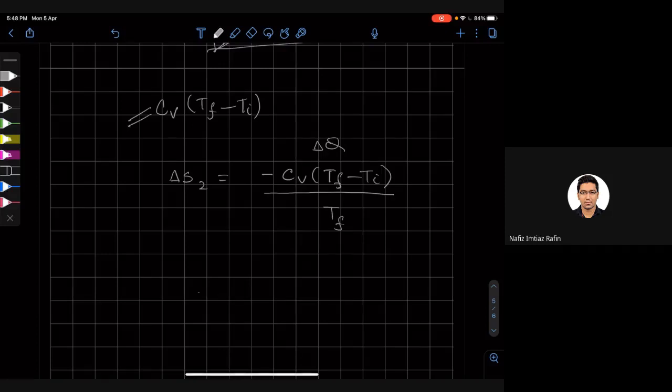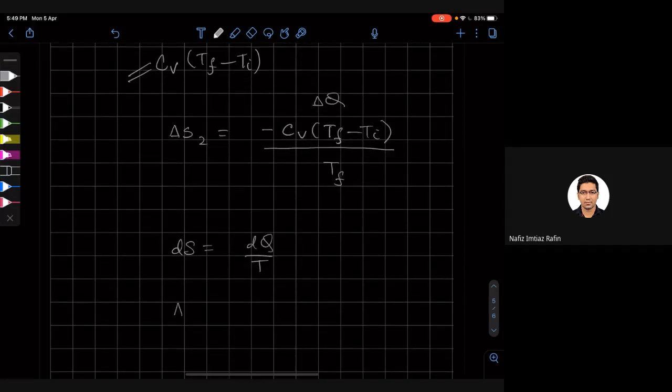So usually what we have is dS equals dQ by T, and then we calculate a finite change in entropy by integrating from the initial state to the final state.